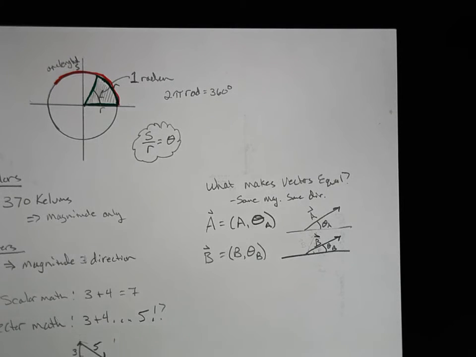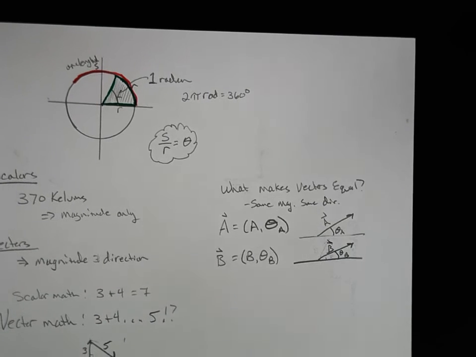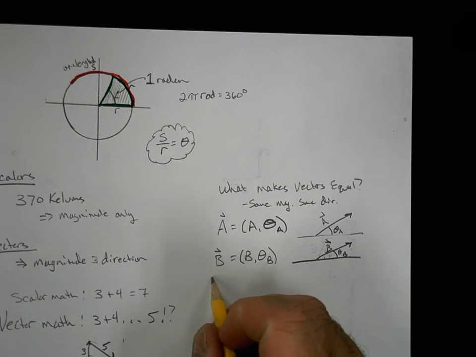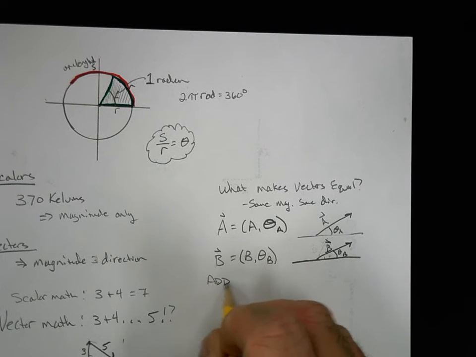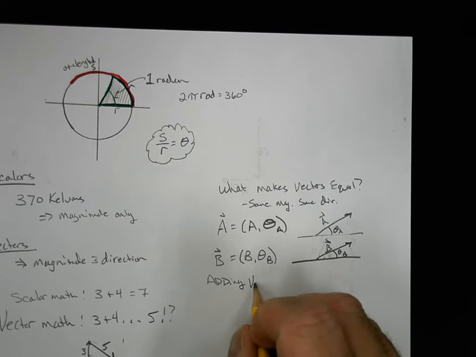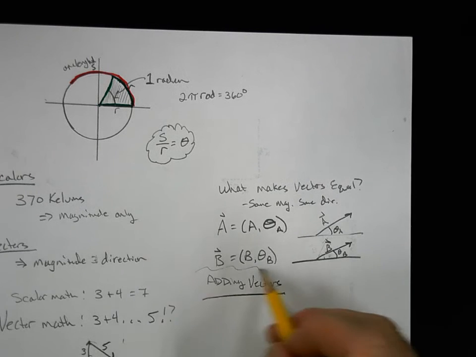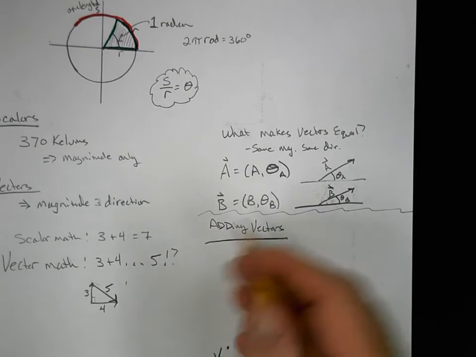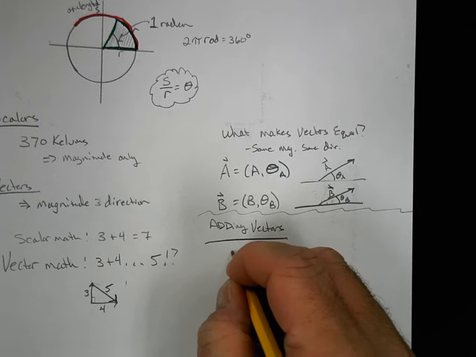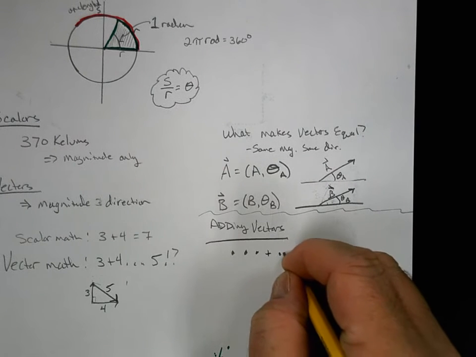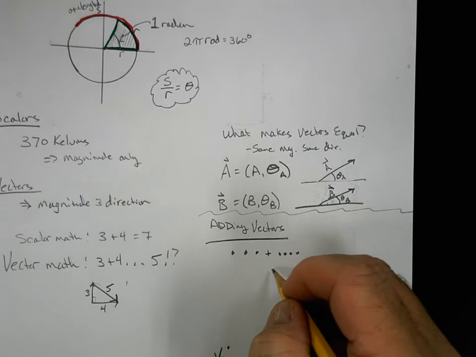Okay, now we're going to start adding vectors. All right, so kind of a new topic here. If we're adding vectors, when we add the normal way, we have this 3 plus this 4, and this plus sign is an operator that means count them all up.